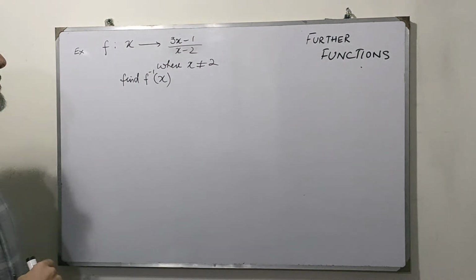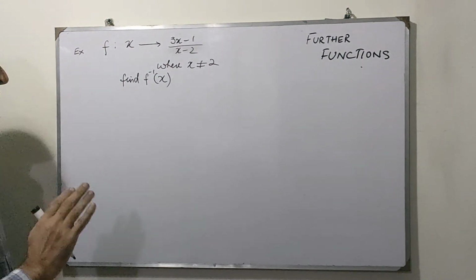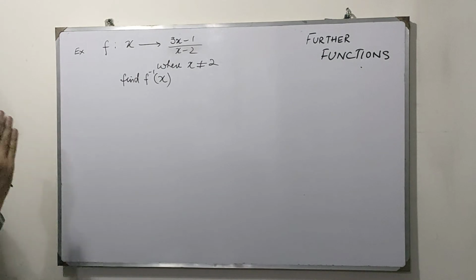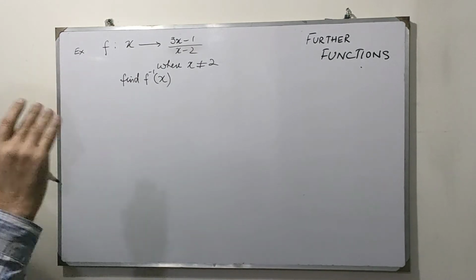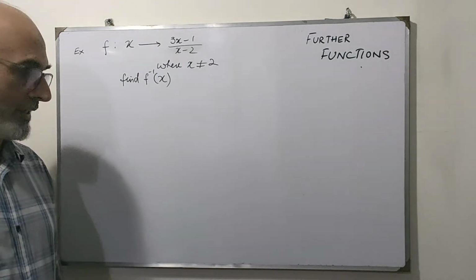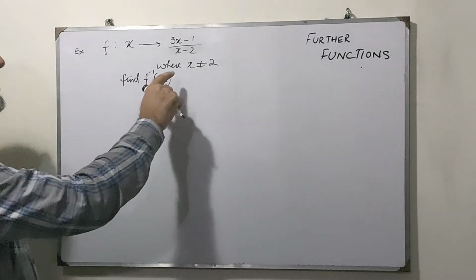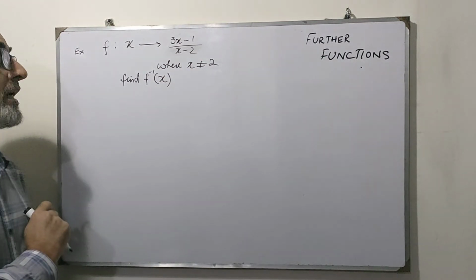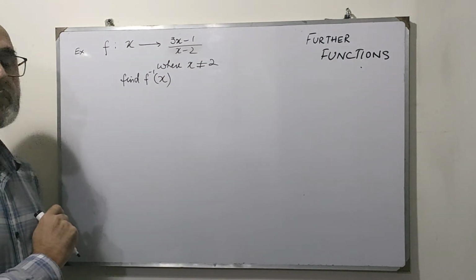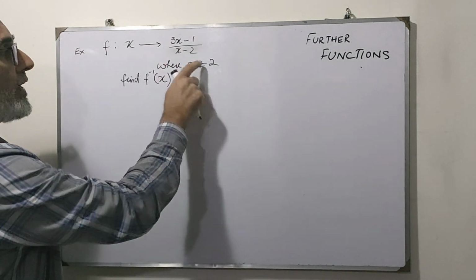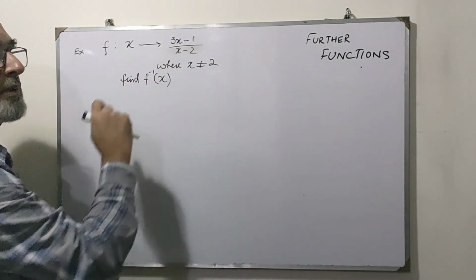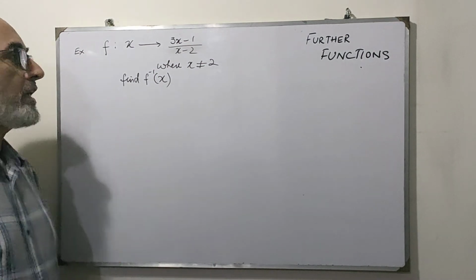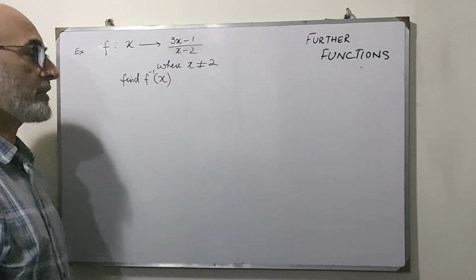Now the first thing is that why here we have x not equal to 2. It's because if x is equal to 2, 2 minus 2 becomes 0, and if you divide anything with 0, it's undefined, right? So it cannot be 0. So this is the first condition.